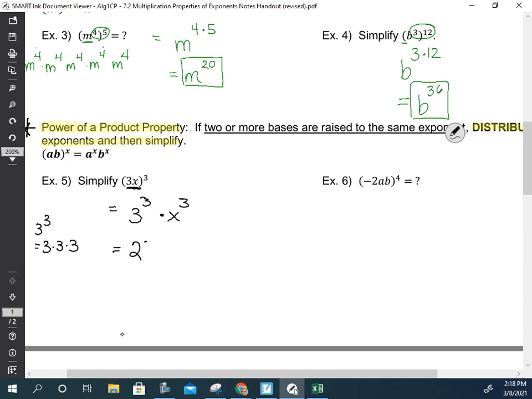That's 27. 3 times 3 is 9. 9 times 3 is 27. You distribute the exponent. Whatever exponent is sitting outside, you have to distribute it. So 3 to the third power is 27. x to the third is x to the third.